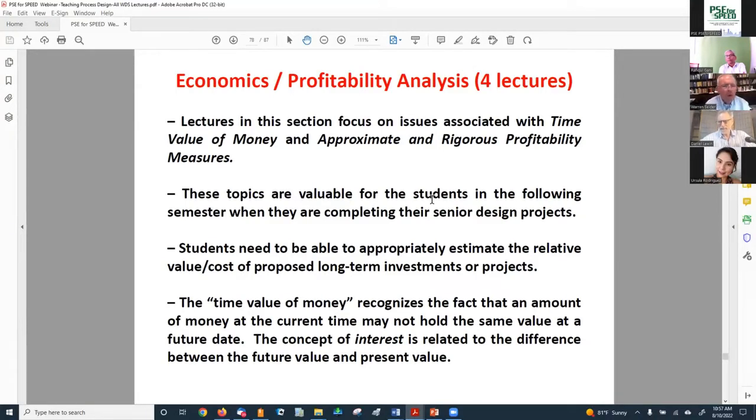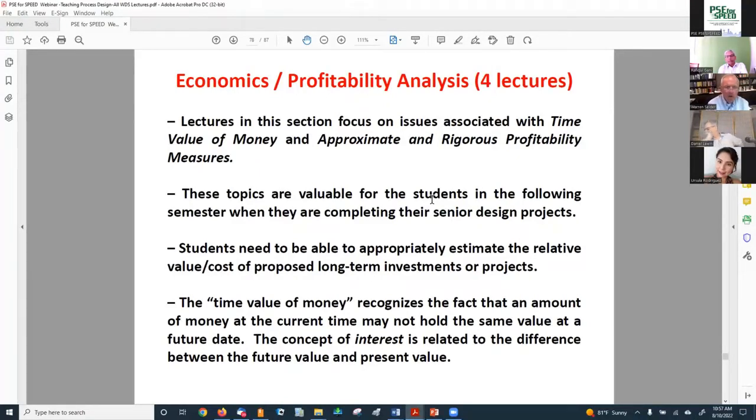All right. In this section, we want to focus on the issues associated with time value of money and approximate and rigorous profitability measures. These are very important for the students when they're going to do their design projects in the next semester.